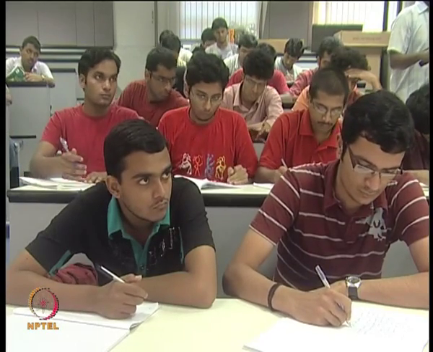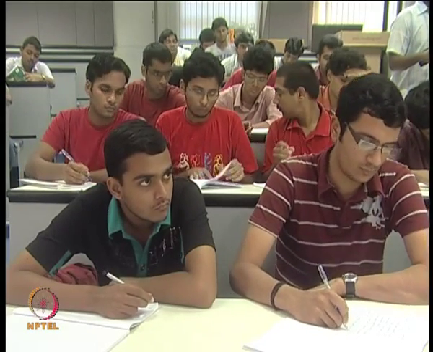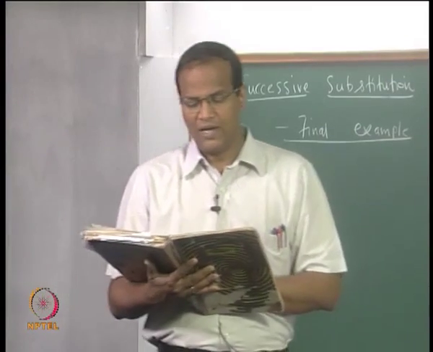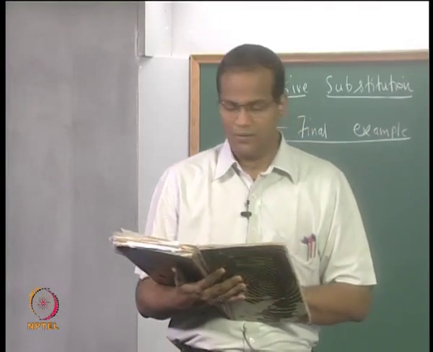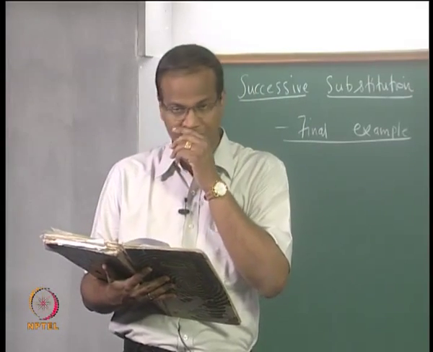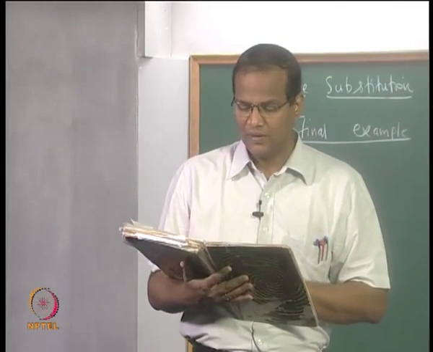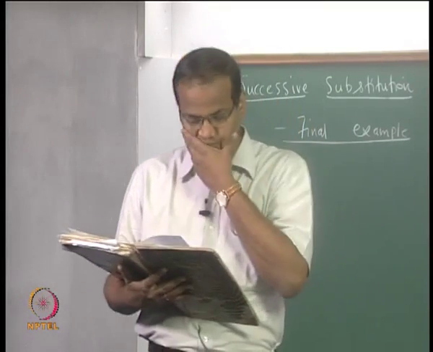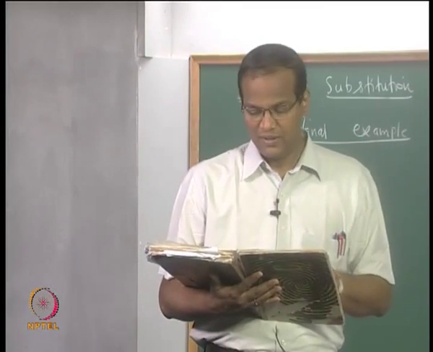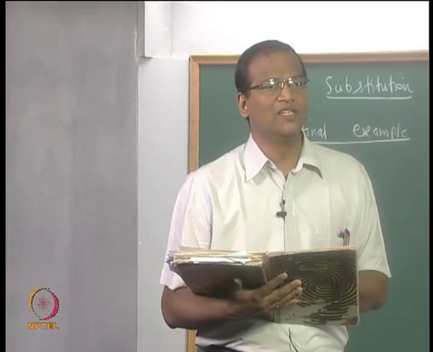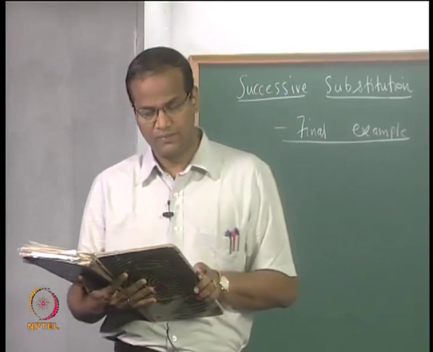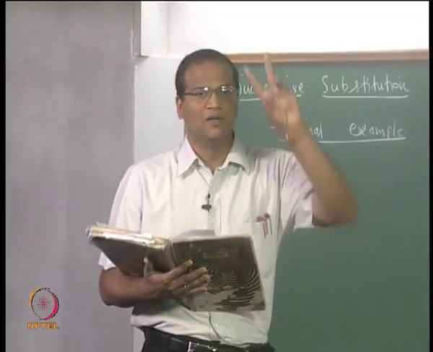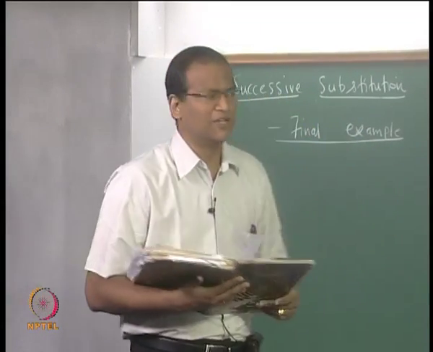So for the benefit of people who came late, problem number 7, it's on successive substitution. You can write down in telegraphic language. A truck is climbing up a hill road. Torque speed characteristics of engine and the load are given. A. Determine the operating point using successive substitution. B. Examine the stability. So you have to do it for two information flow diagrams.